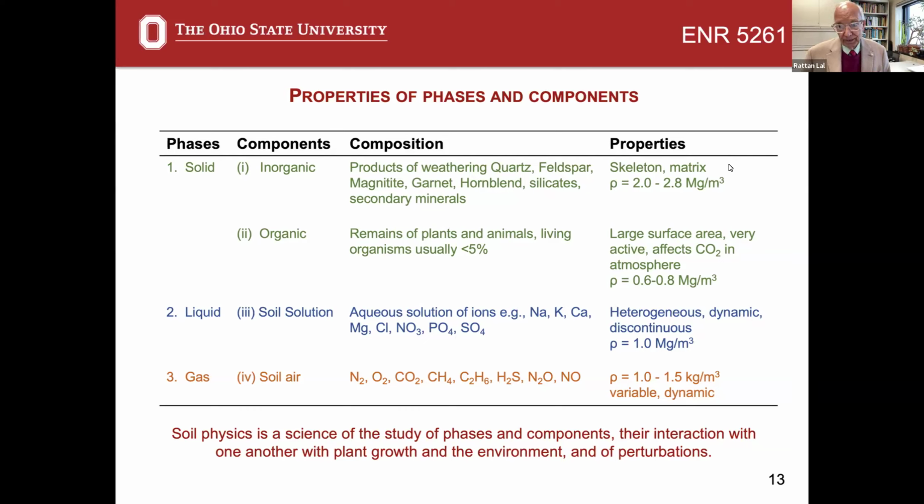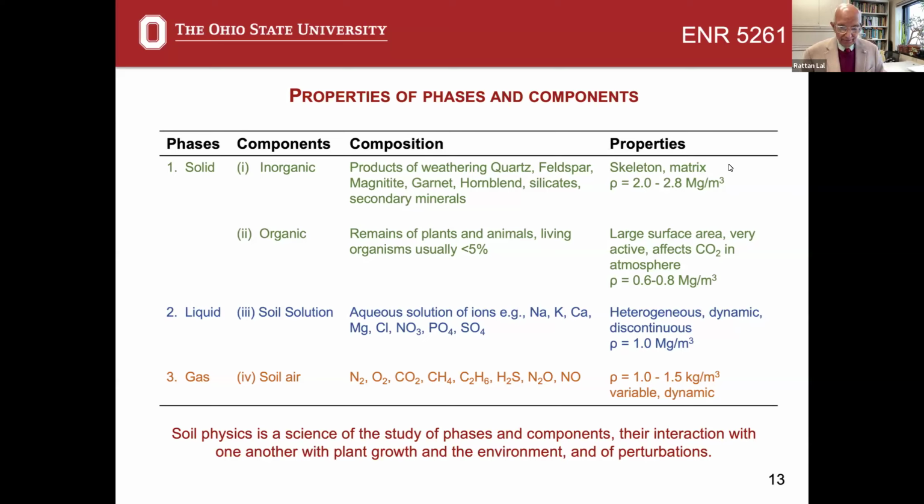So 0.6 to 0.8, which is about 1/3 of the density of the inorganic material, ranging from 2 to 2.8 megagram per cubic meter. Gram per cubic centimeter is the same thing as megagram per cubic meter.